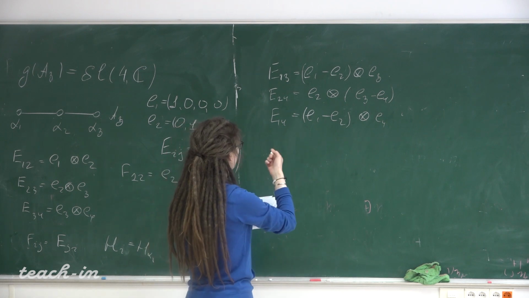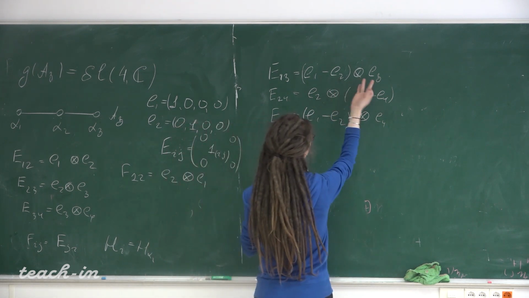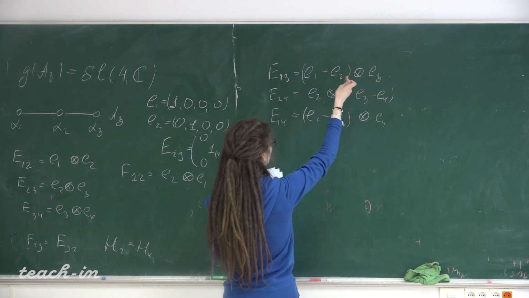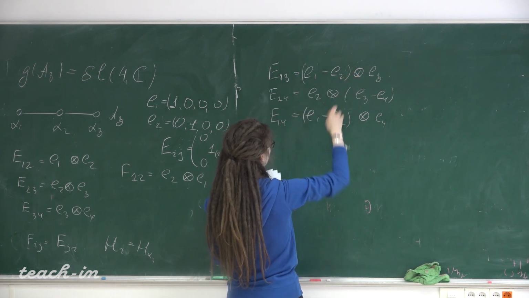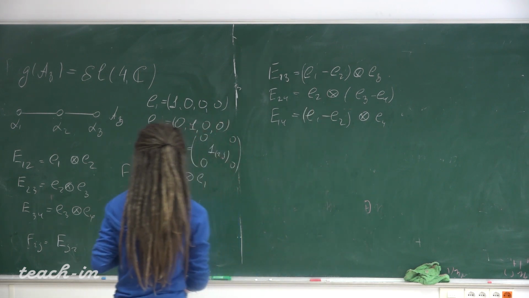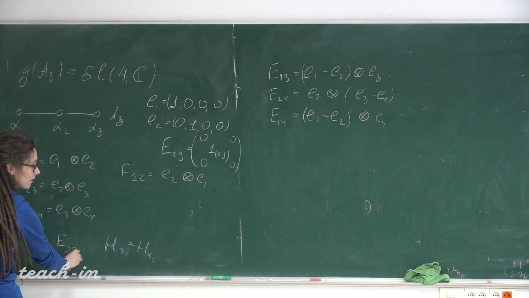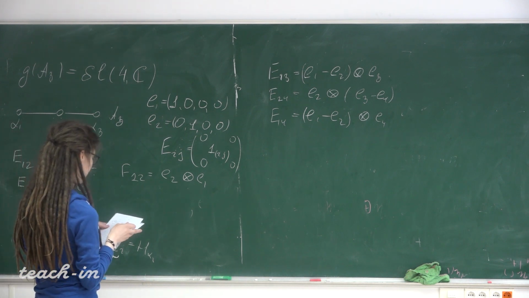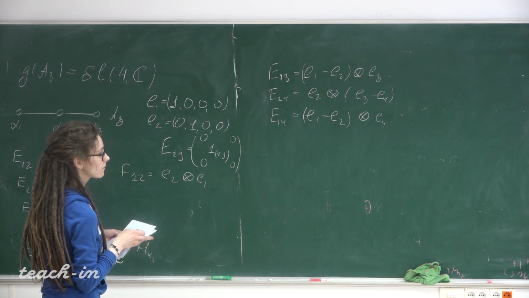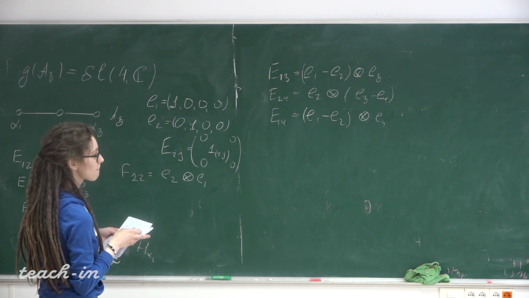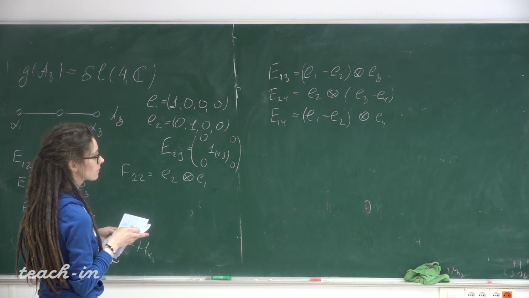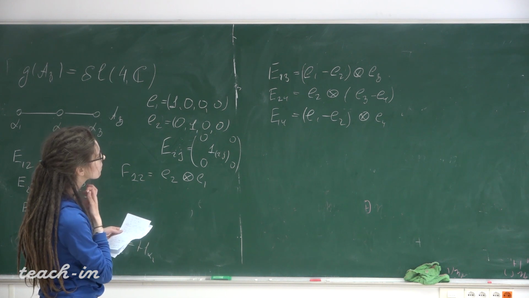Same I can write for F, but it will be E3 tensor multiplication with E1 minus E2, and the same will be according to this. But I'm sorry, what you wrote is then, you're saying that E13 is E.